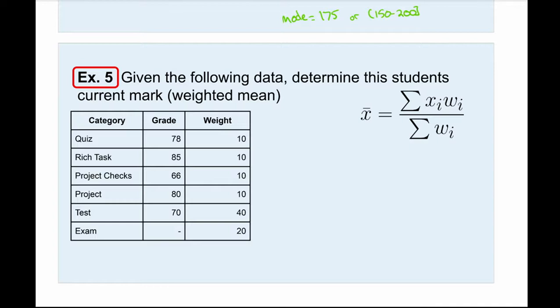The difference here is that we are still going to be dividing by the total number, or the total weight. So we do have a formula to figure out the weighted mean. We add up the sum of the data points multiplied by their weight, divided by the sum of the weights.